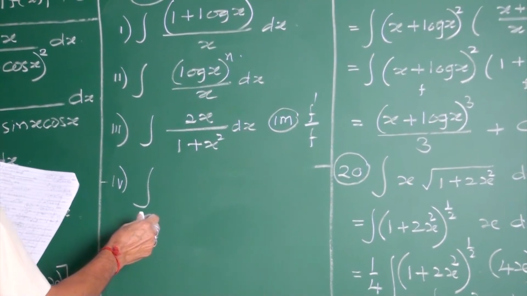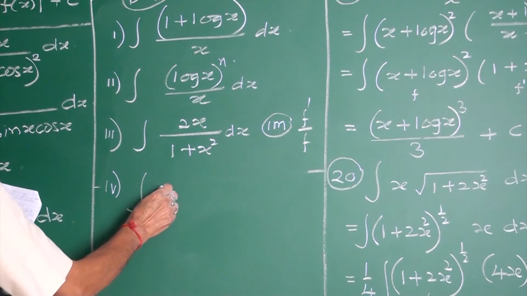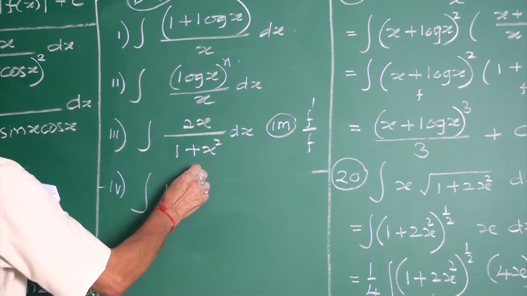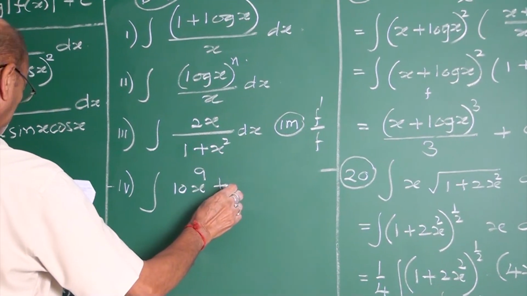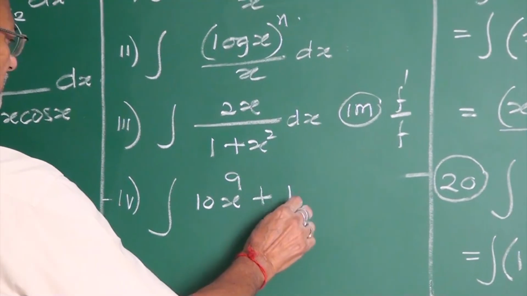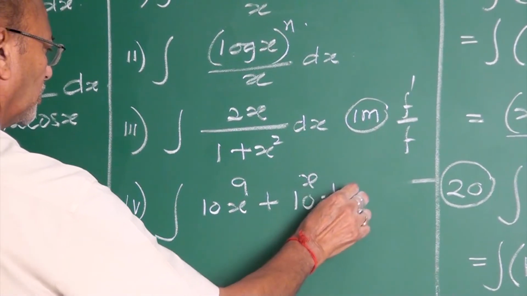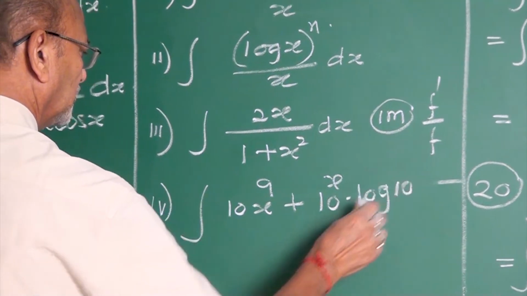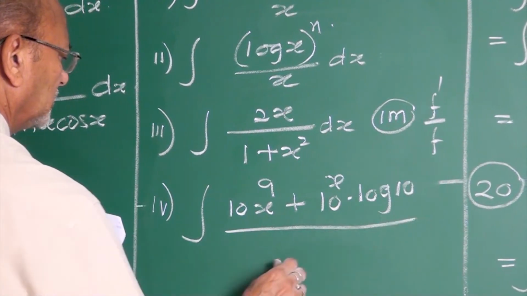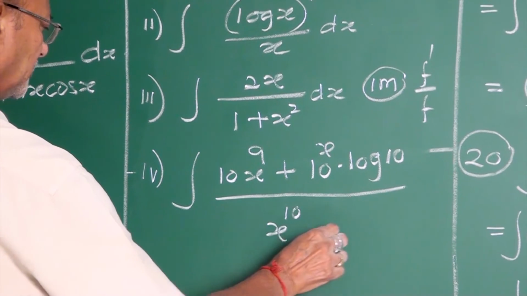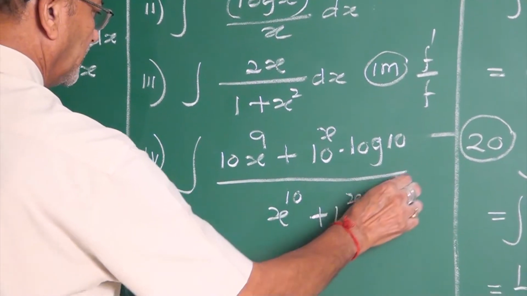Integral of 10x to the power 9 plus 10 to the power x into log 10 upon x to the power 10 plus 10 to the power x dx.